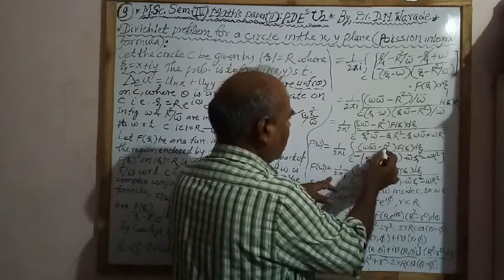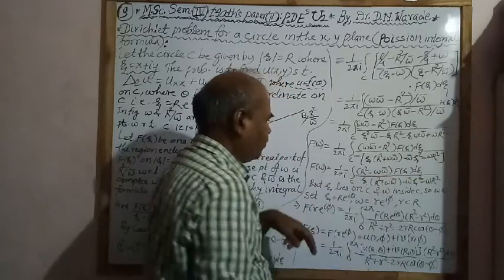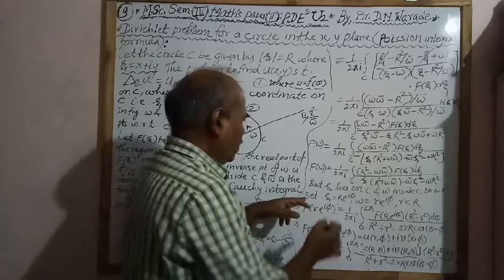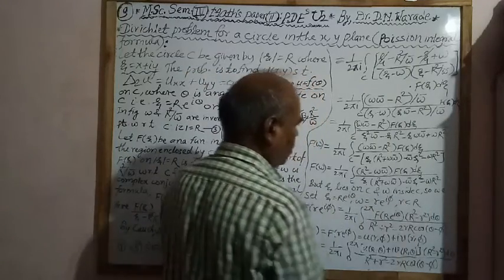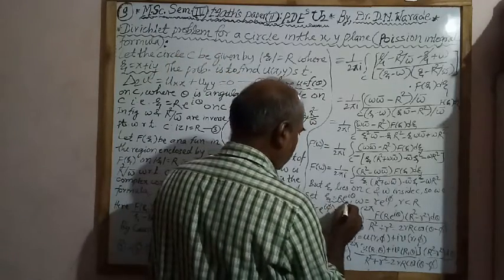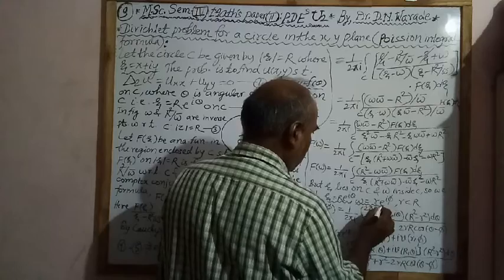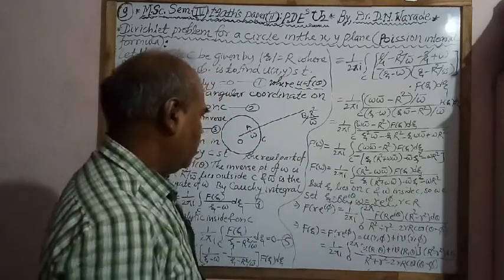Therefore w bar minus r square gets changed to r square minus w into w bar. But xi lies on the circle C and w inside C. So we set xi equal to r e to the power i theta and w equal to r e to the power i phi, with small r less than capital R.